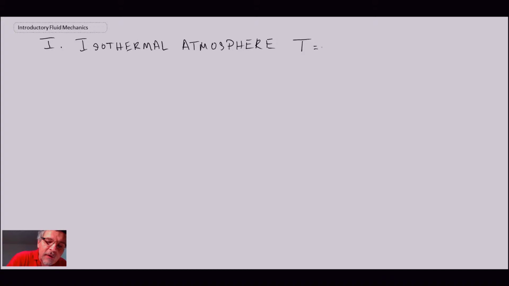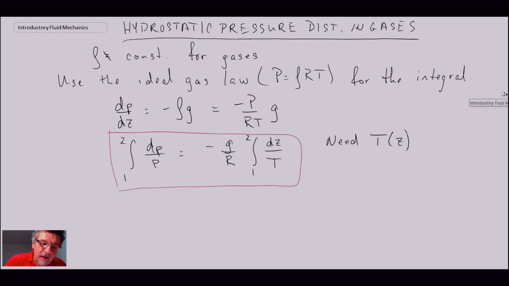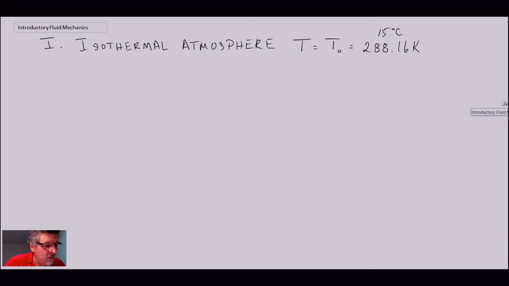We'll assume temperature is T naught, 288.16 Kelvin. So 273 plus 15 degrees C is what we're looking at. When we do that, looking back at our integral equation, the temperature is just going to be a constant, so it's a relatively straightforward integral.